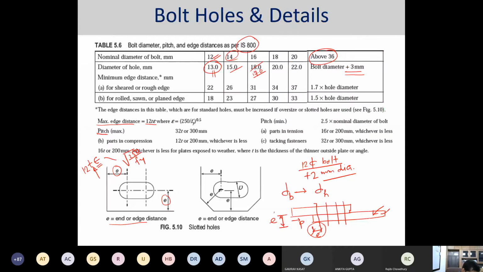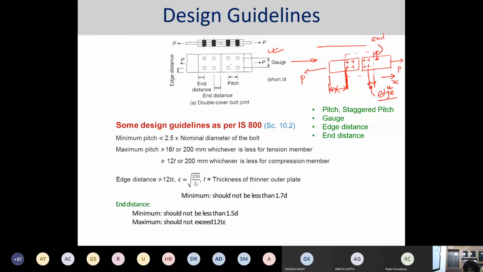The next thing is the pitch. What is the pitch? Pitch means the distance between two sets of bolts. For example, instead of this figure, if I draw this figure, and I am giving two rows of bolts, the pitch is here.